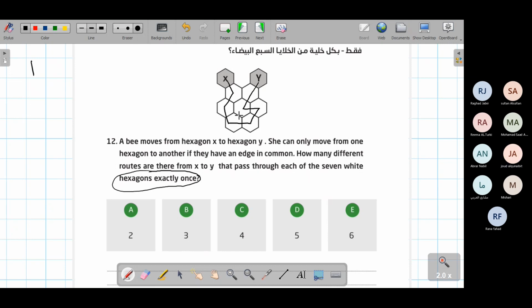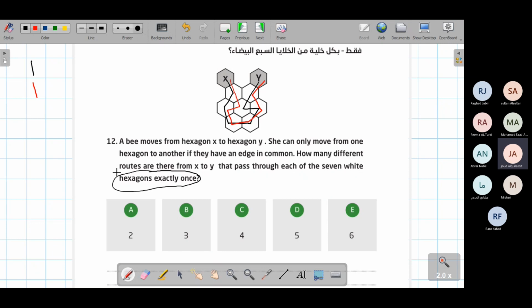Yes, because I already passed through the 7 white hexagons only. How many times? Only 1. This is the first one. The second one with another color: 1, 2, 3, 4, 5, 6, 7, 8. So this is another one.